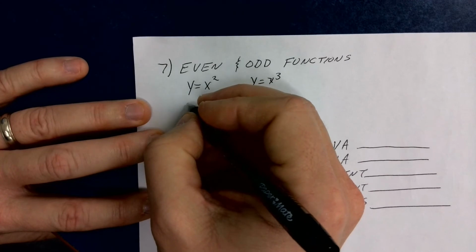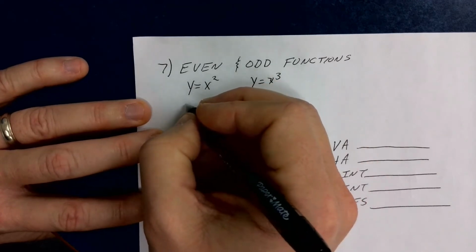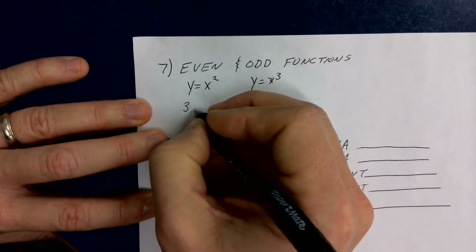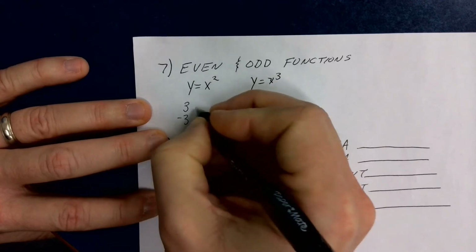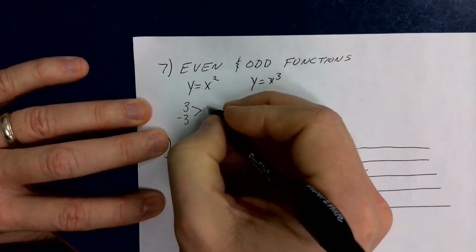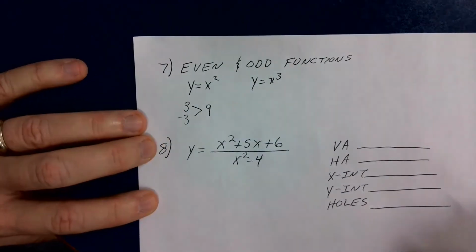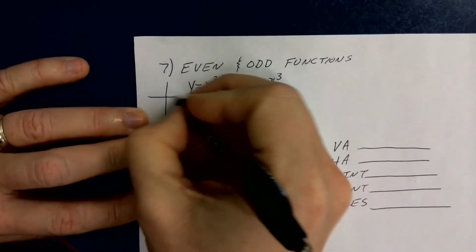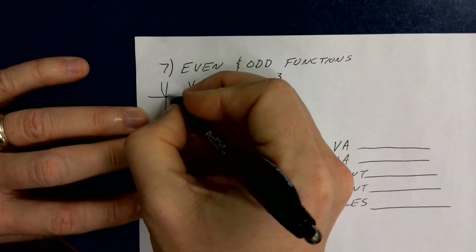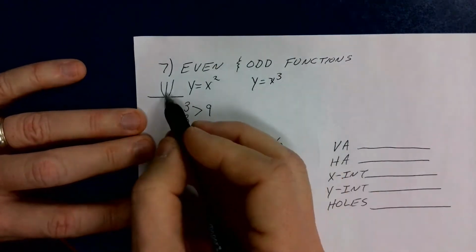But what it means is this, that if I put in 3 or -3, I'm going to get out the same number, 9 in this case. So even functions have symmetry over the y-axis.